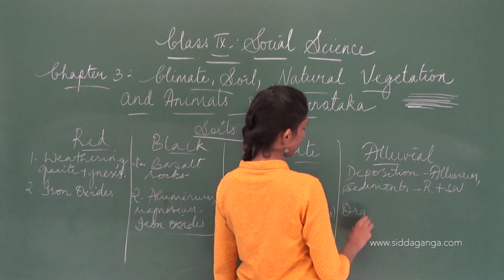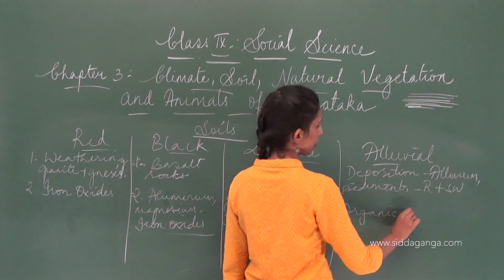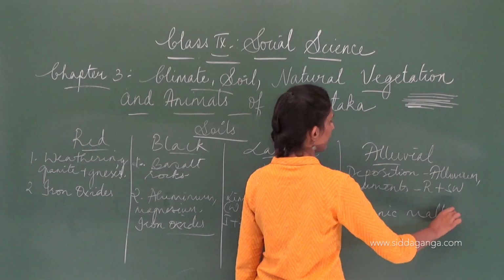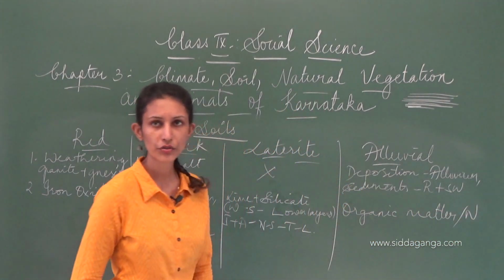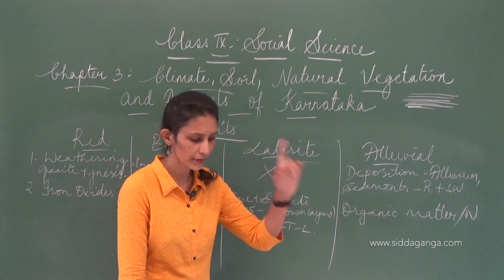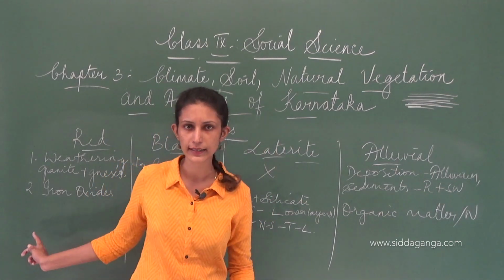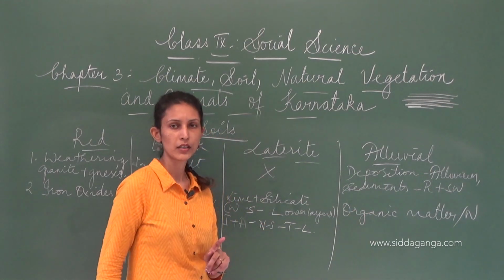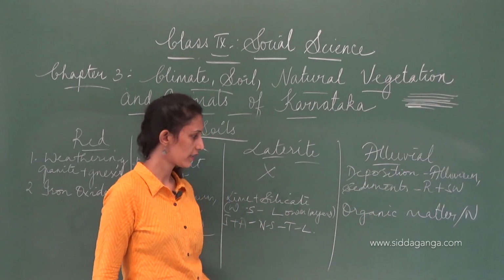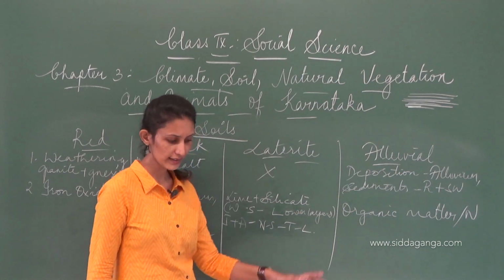So, you will have to search for the points, you will have to dig where it is, organic nutrients or matter, whatever it is. So, you will not get points. Now, if the first point of red soil is like this, does not mean the first point of alluvial soil will be the same. So, you will have to read each paragraph and do it. Okay, so this is how you do it.